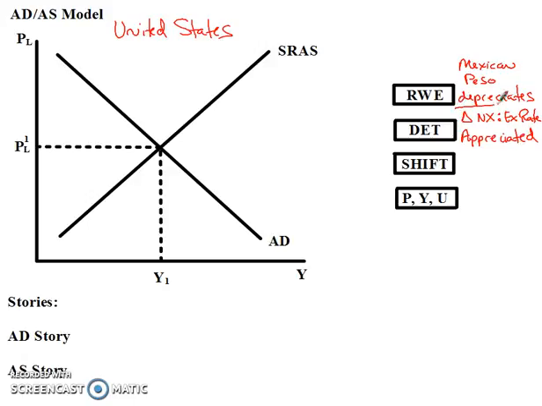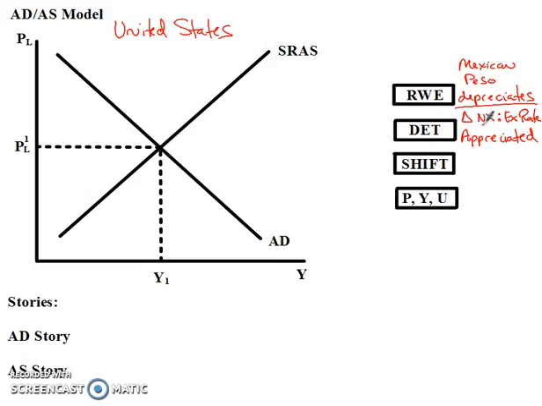So the Mexican peso depreciates. That's my real-world event. The result is that the US dollar must appreciate against the Mexican peso, and that means dollars became more expensive. As a result, Mexican citizens will buy fewer dollars, and if they buy fewer dollars, they will buy fewer American goods and services.